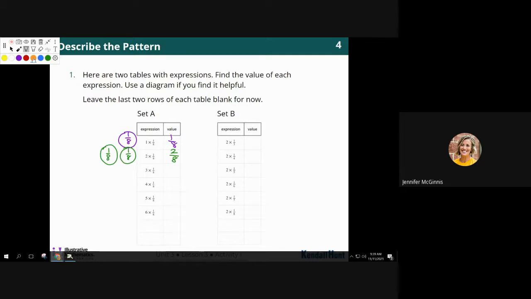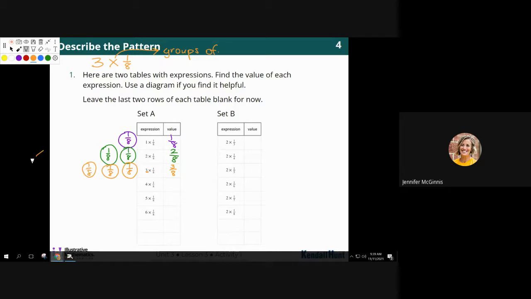Three groups of 1/8. Cameron? 3/8. If I draw a diagram, 1, 2, 3 groups. Please pay attention. Because when it says 3 times 1/8, this times sign means groups of. 3 groups of 1/8. 1/8, 1/8, 1/8.